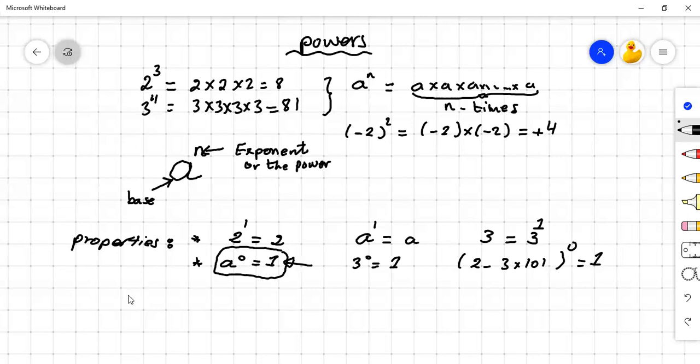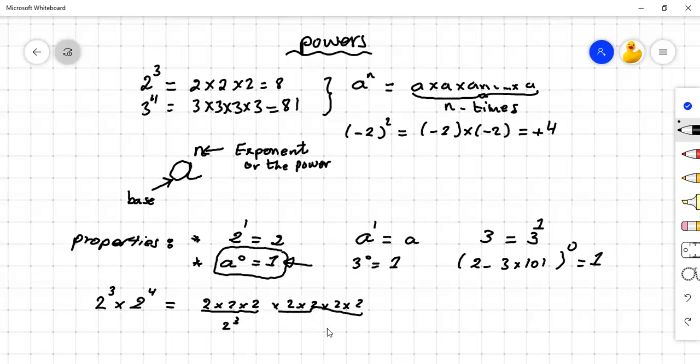Now, what if we have, for example, 2 power 3 times 2 power 4? 2 power 3 is 2 times 2 times 2, 3 times. Let's write it. It's 2 times 2 times 2. This is 2 exponent 3 times 2 exponent 4 is 2 times 2 times 2 times 2, 4 times.